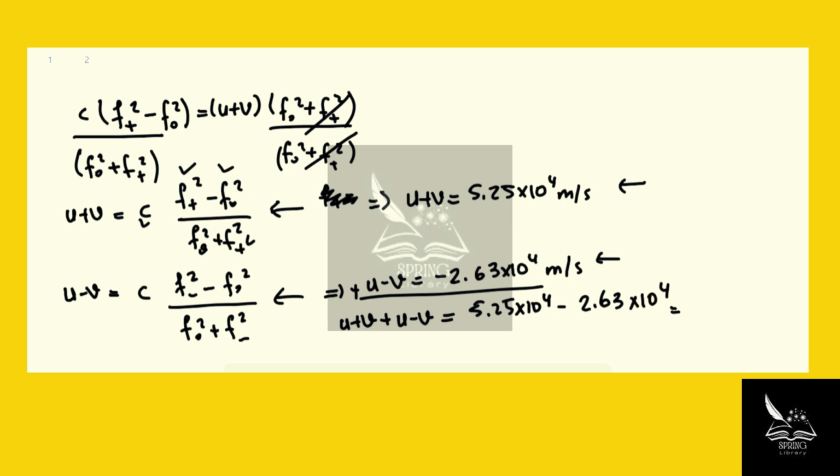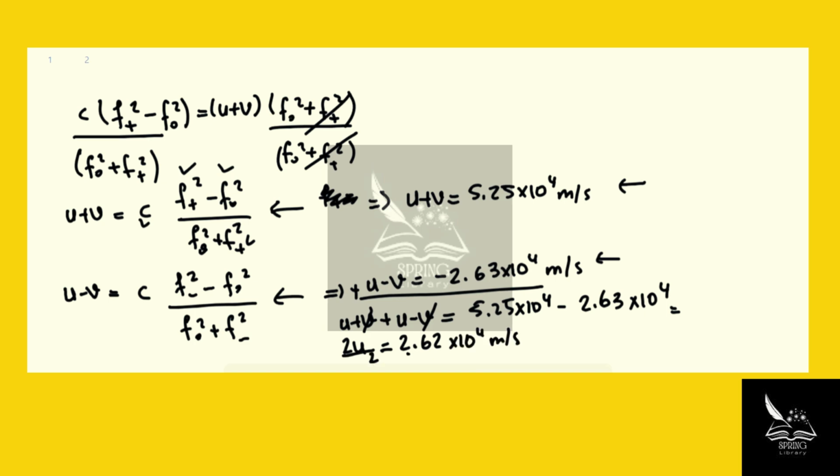This is going to be equal to, let's look at the left-hand side. There is a u here and another u. We have two u's, but the v's are canceling out. So 2u is going to be equal to 2.62 times 10 to the power of 4 meters per second.